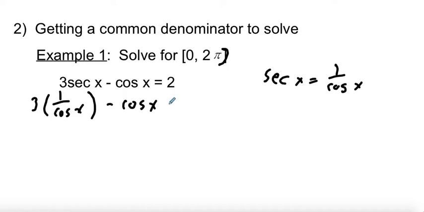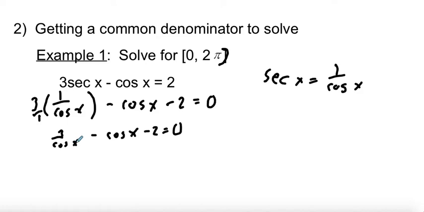So I'm going to bring everything over here on the left hand side as well and set equals 0. I'm going to multiply over here, so I get 3 over the cosine of x minus the cosine of x minus 2 equals 0.